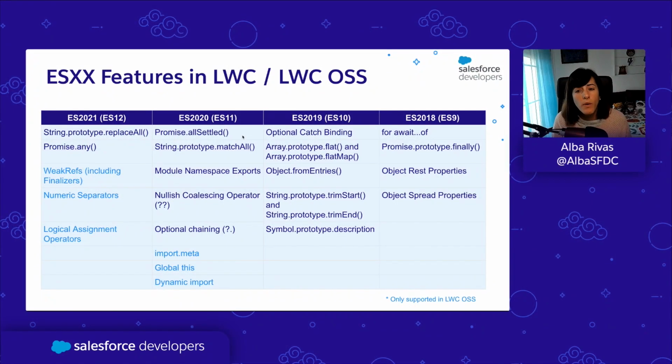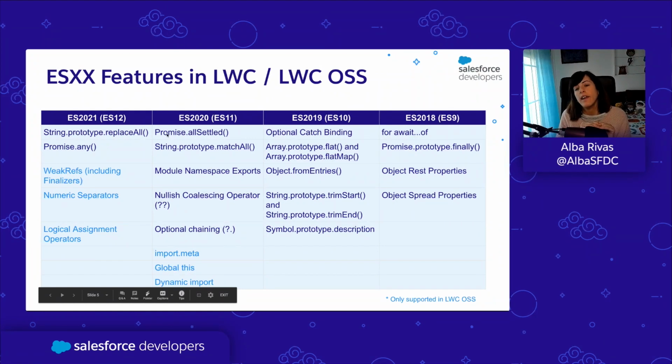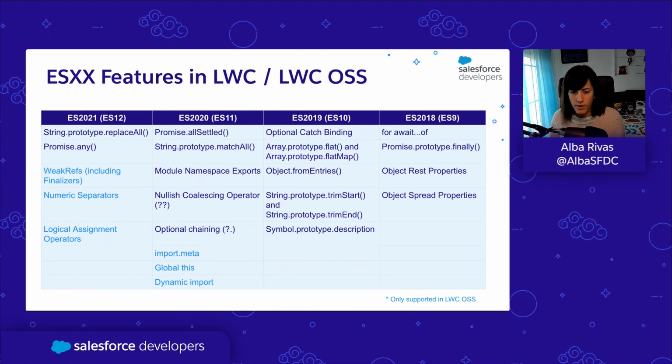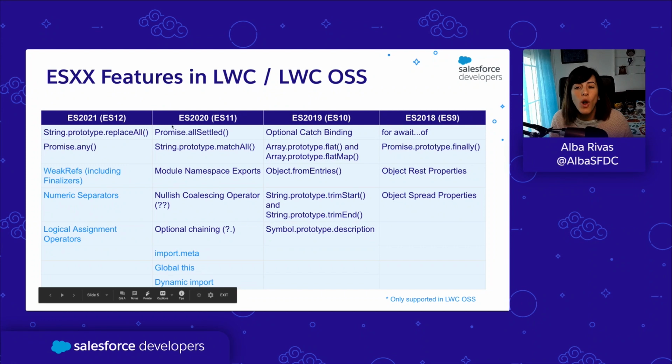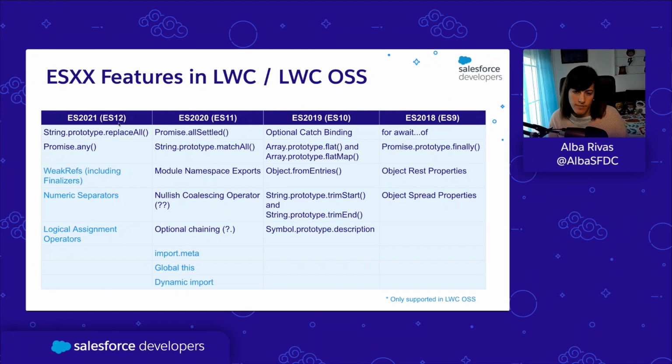This is a summary table in which I took note of all the different features that I'm showcasing in the webinar series. Today we are going to focus on these two columns here. We are going to see ECMAScript 12, which is the one from 2021, which is closing this year in June, and the ones from ECMAScript 2020, the ones that were released last year.